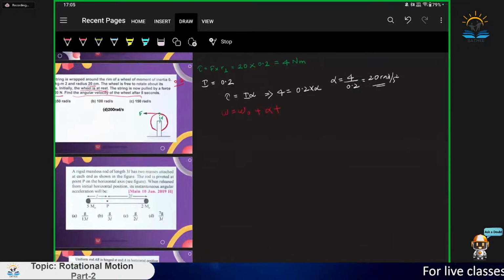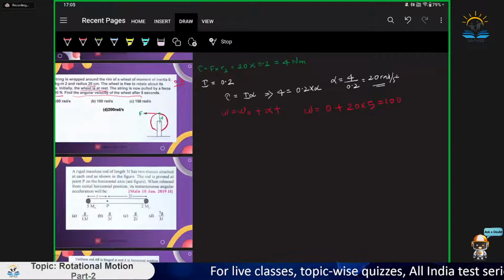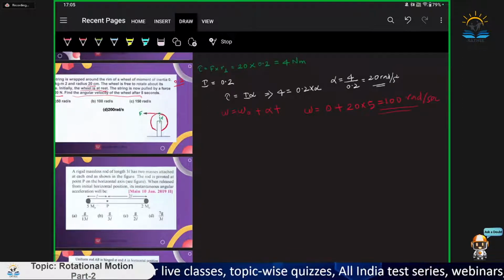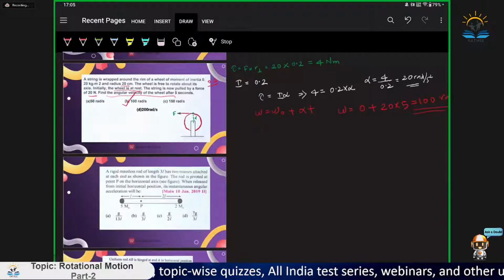Omega naught is 0 initially, since the wheel is at rest. Alpha we know is 20. Time is given as 5. This will be 100 radian per second. So which option is correct? Option B will be the correct answer.